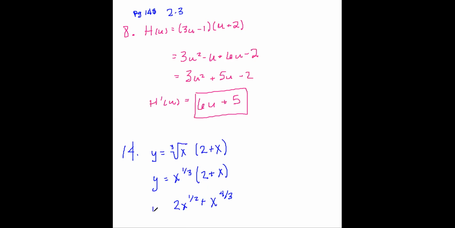So this would be that, and then we would just take y prime, which would be 2 times 1/2 would be 1, so this would be x to the negative 1/2 plus 4/3 x to the 1/3.